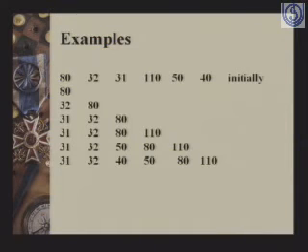So what we will do, we will save 50 in some location and copy 110 in the location earlier allotted to 50. So 110 will be occupying 2 positions, that is 4th and 5th.